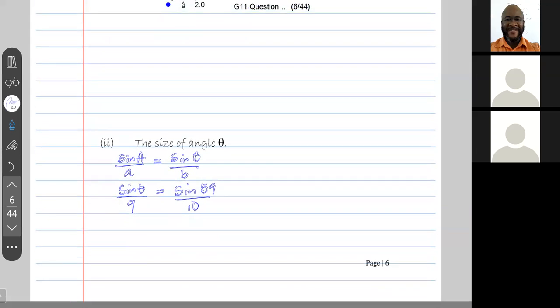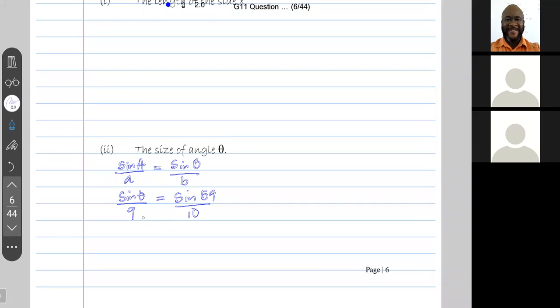I'm going to do my half cross multiply to get my 9 up here. So now I have sine theta is equal to 9 sine 59 over 10. I'm going to get sine theta is equal to 9 sine 59 divided by 10.